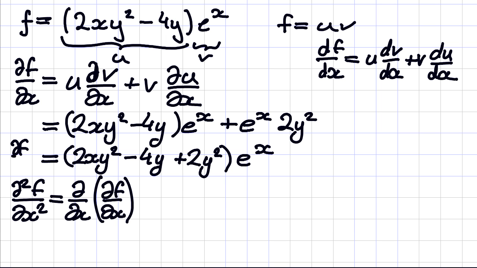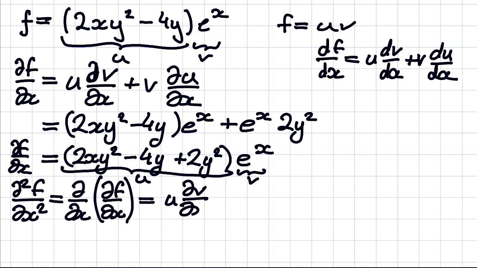This is df dx, and again it's a product. I'm going to treat the first term as u and the e to the x as v. So again this is going to be u dv dx plus v du dx.